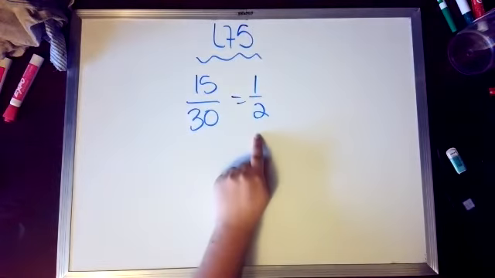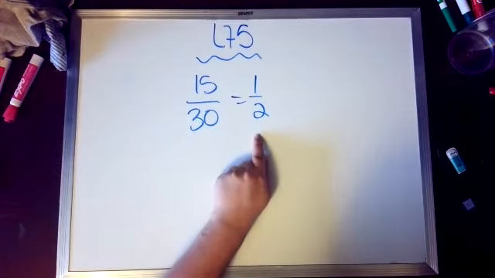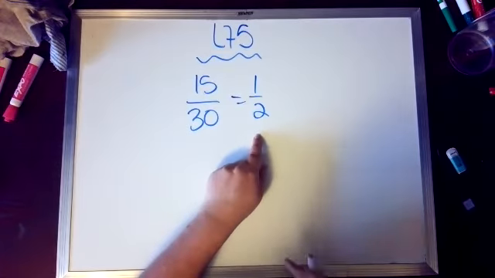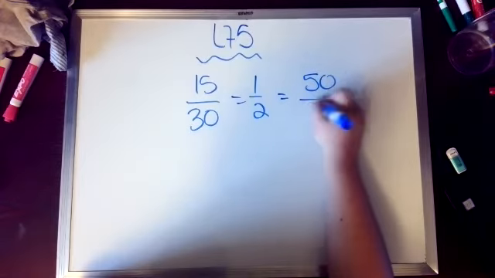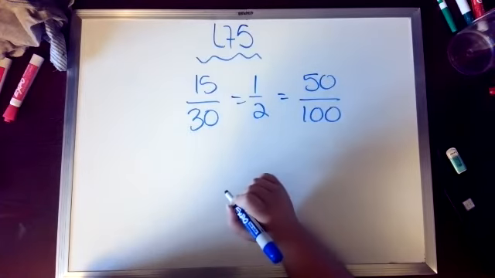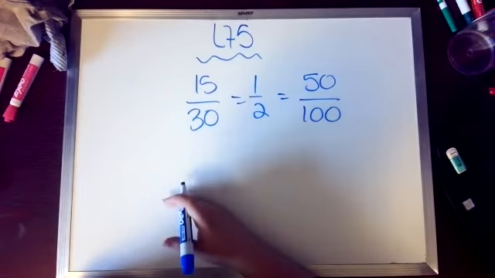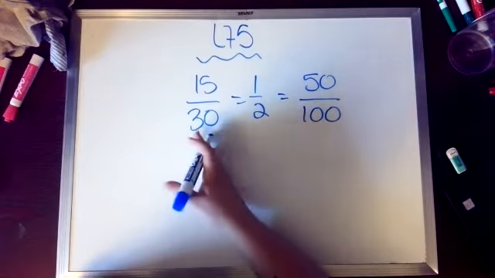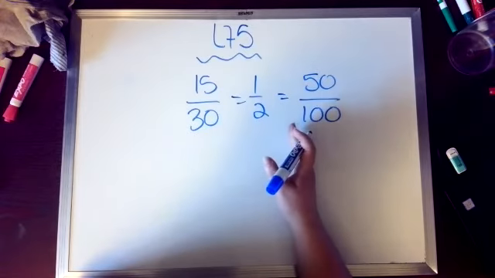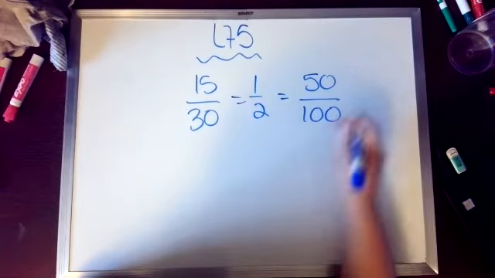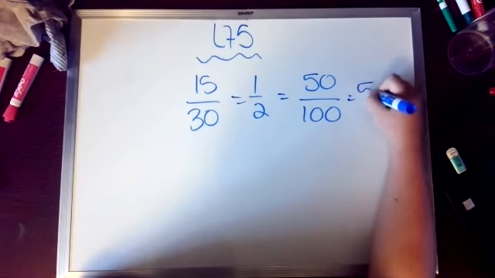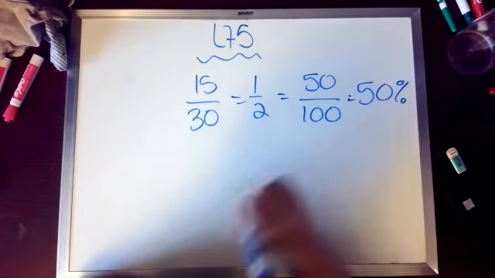And I can change that into 100, or I can just know that half of 100 is 50, which makes 50 over 100. So if all of these are equivalent fractions, that means this one is half, this one is half, this one is half. And because I have 50 over 100, that means I have 50%.